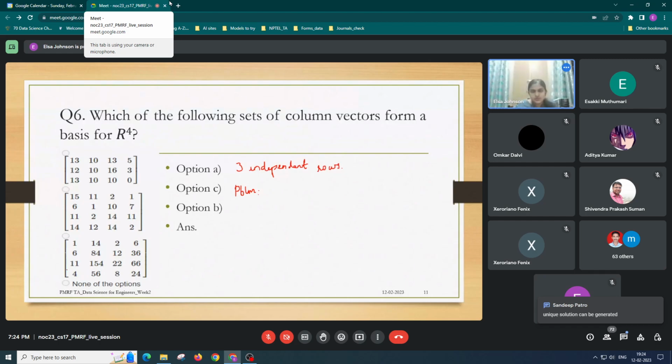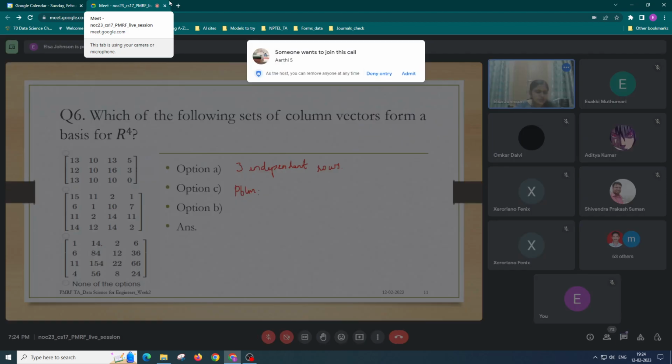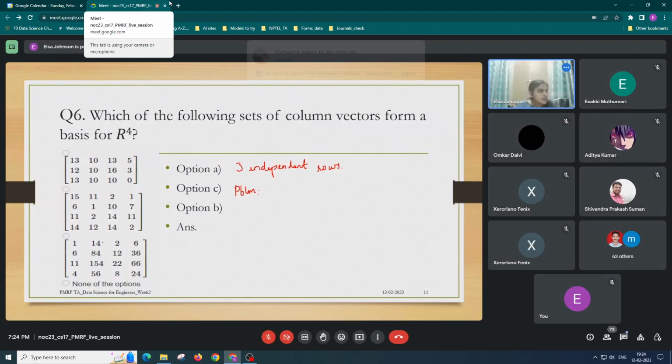Okay. So I think no answer. So option C's problem is there are linearly dependent columns. Here you can see there is only one linearly independent vector. Everything else is dependent.